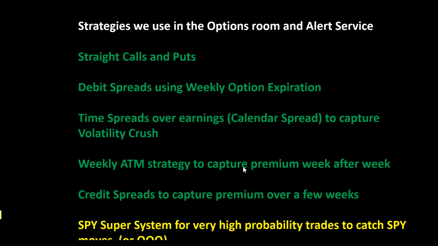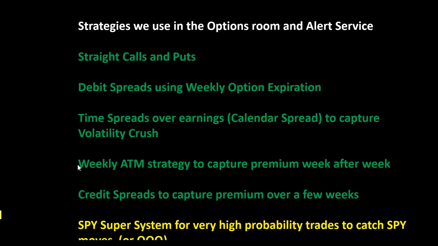We use what's called a weekly ATM strategy. We just wrapped one up here on Bank of America just this past week. This is a strategy where we take a neutral to bullish stock and we sell weekly puts against it every single week. We just sell puts at the money, and then we keep a longer dated long put further out in time, like 4 to 6 to 8 weeks out.